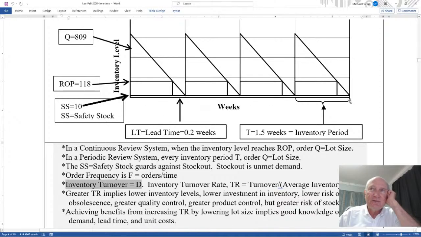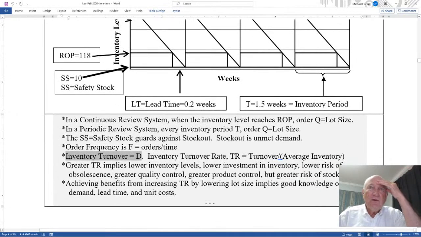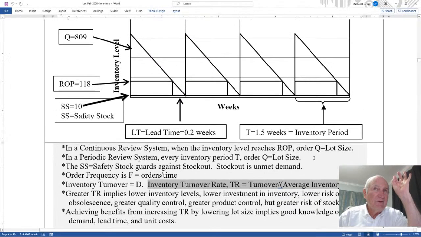Over 6 weeks, it's 4 times 809, whatever that is, 3,236. But the turnover rate is the turnover, whatever that turnover is, divided by your average inventory. So whatever your average inventory is, you divide that into that.